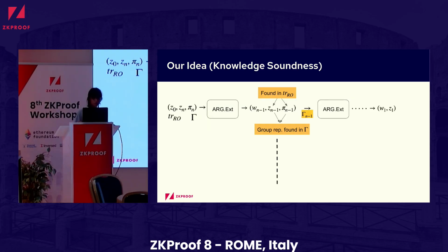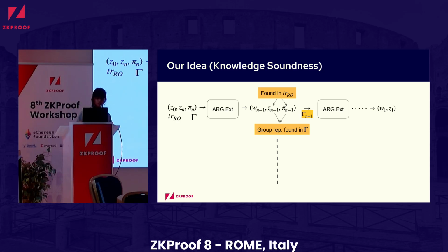And the important thing here is that now, because the extraction can just work by looking at the previous extractor's output, the extractor never needs to call the adversarial prover again. It's invoked once, and you get Z0, Zn, pi n, and now you just keep extracting from that. You never call the adversary again.